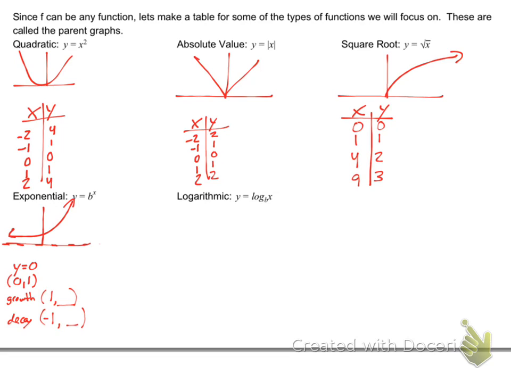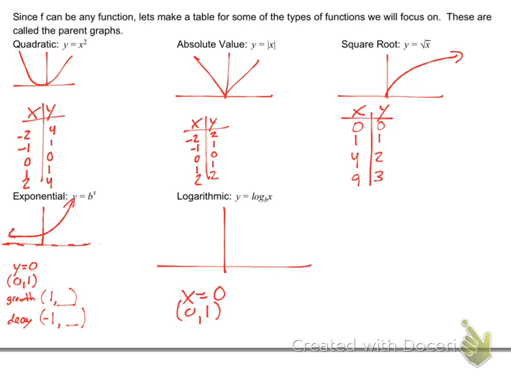Same thing for log graphs. Log graphs are just the inverse of exponentials. So that means all of your x's and y's are switched. And so you now have, to make this a little easier, x equals 0, 0, 1, and you will have some points mixed up.